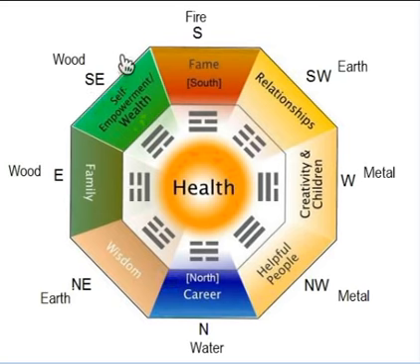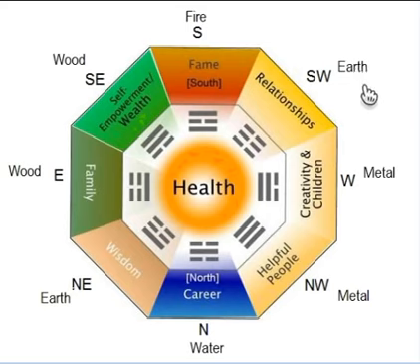For example, if you have lots of metal decorations here, you have your TV, your computer, and lots of metal in the southeast direction, you actually clash with the element of wood, and this conflict will actually bring bad luck, and may bring financial difficulties into your life. So be careful not to have any metal element in the southeast corner. The same applies to all the other directions.